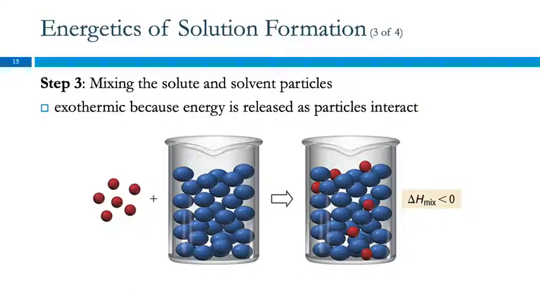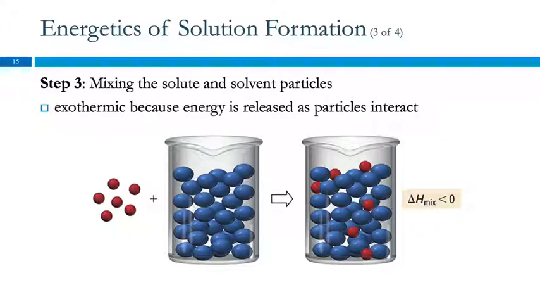Once we have the solute particles separated from each other and the solvent particles separated from each other, then we can bring them together and let them mix. When these 2 groups of separated particles come together, now they're going to be attracted by their intermolecular forces, right?